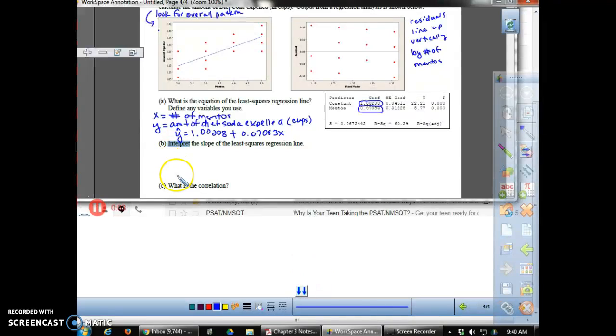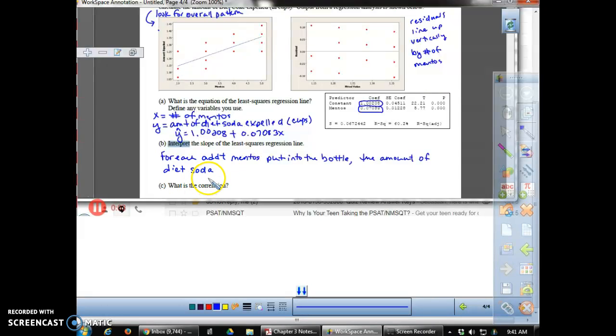Okay, so to interpret the slope, it is 0.07083. And this is the way we're going to interpret this every single time. For each additional Mentos put into the bottle, the amount of diet soda expelled, in cups, increases by 0.07083.